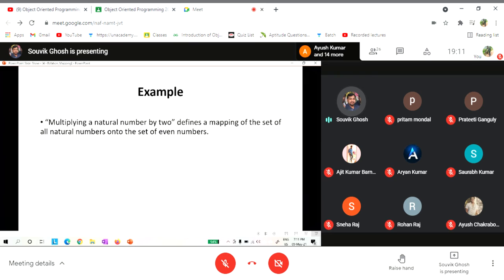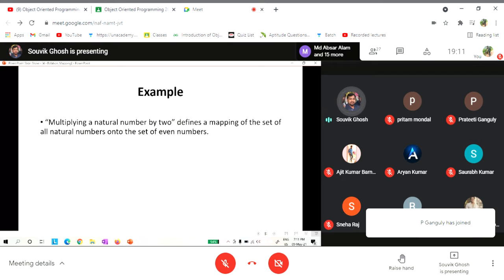Now we have one example: let us multiply the natural numbers by 2. If we multiply the natural numbers by 2, then we get the set of even numbers.